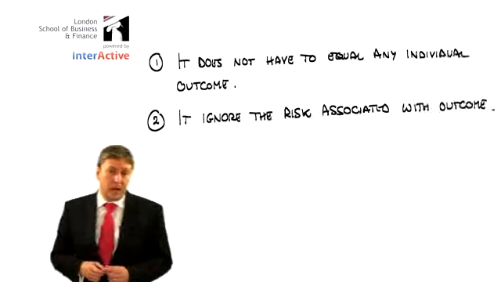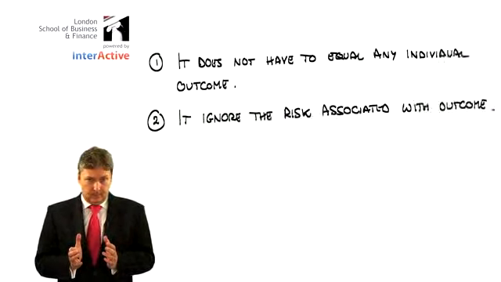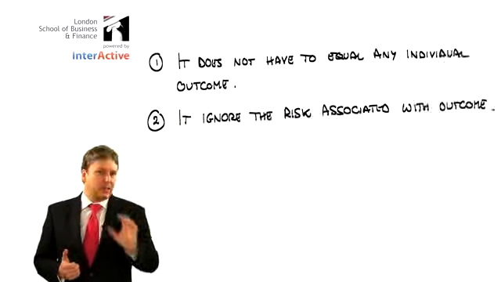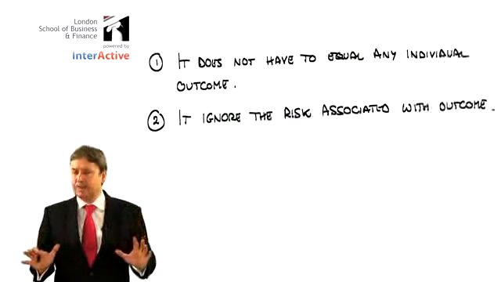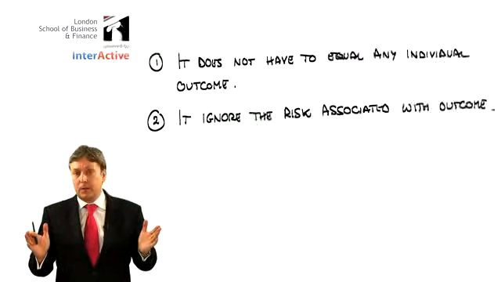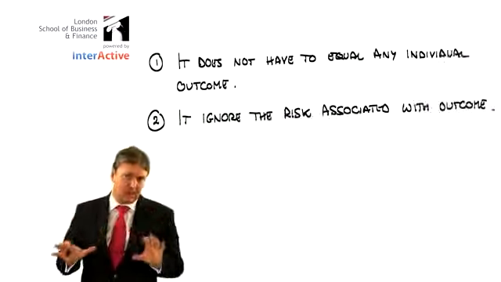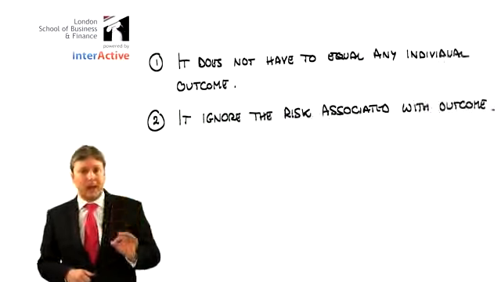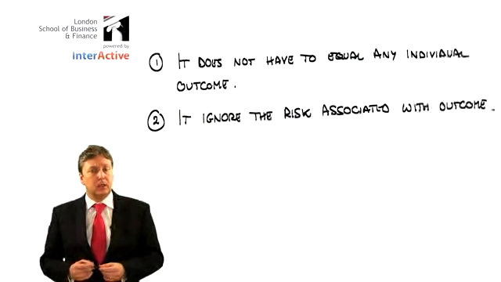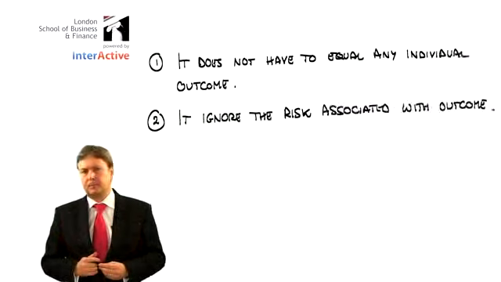But it's possible the range could be far wider or far less. The range is not reflected in any way by the expected value. We simply have an average. If you wish, we're losing information. The fact that the range is between 100 and 300,000 does not matter for expected value. All that matters is, as we've said before, the average. If we don't consider the range, we're not focusing on the risk.